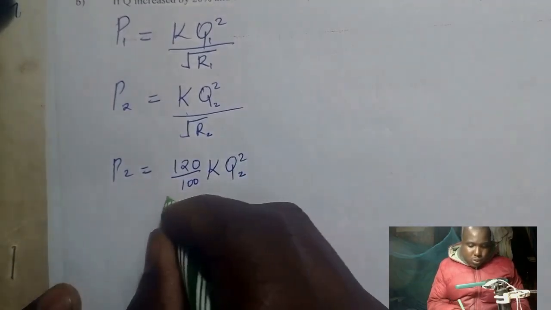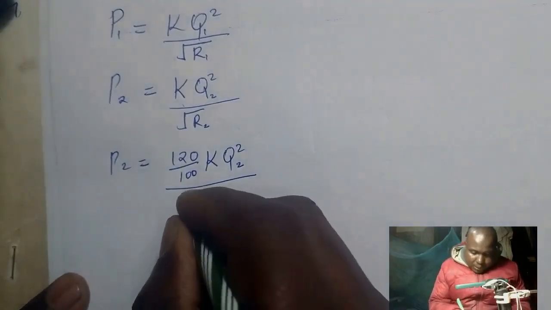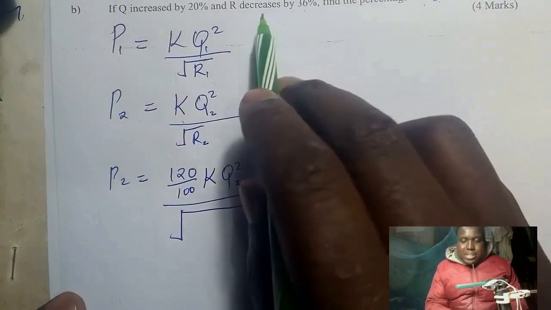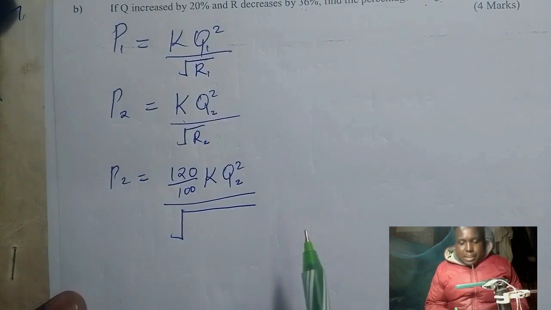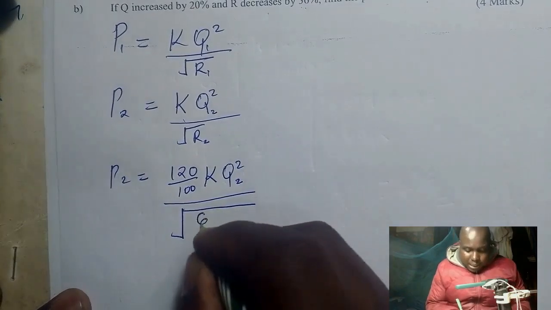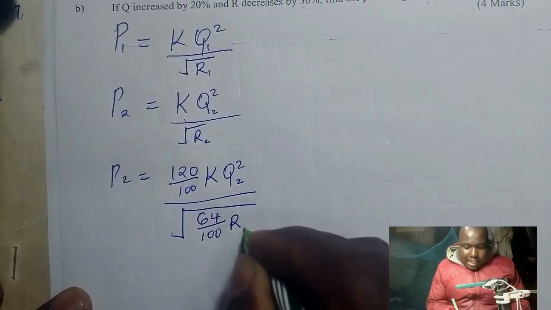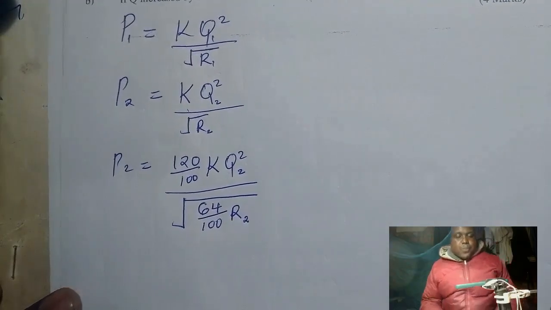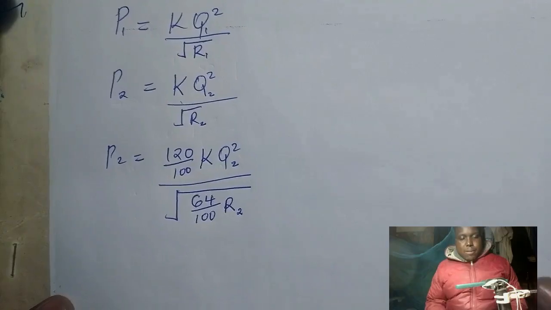We divide by the square root. R was decreased by 36%. So when you decrease by 36%, that is 100 minus 36, that is 64 over 100. So we are going to have 64 over 100 R. Yes, that's what we are going to have.